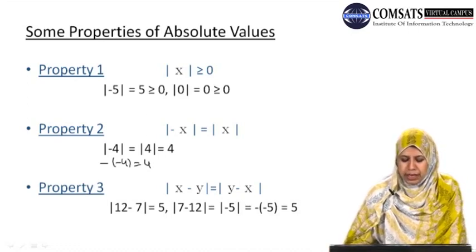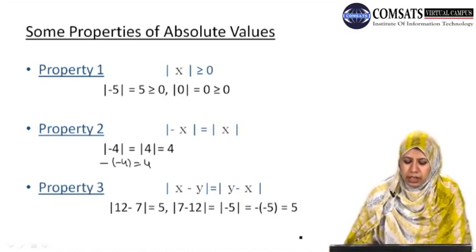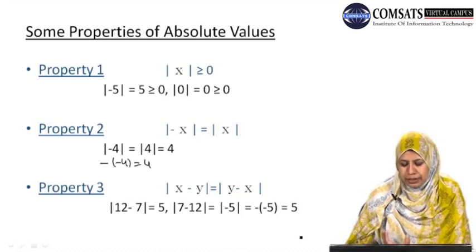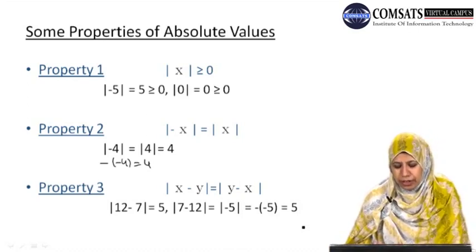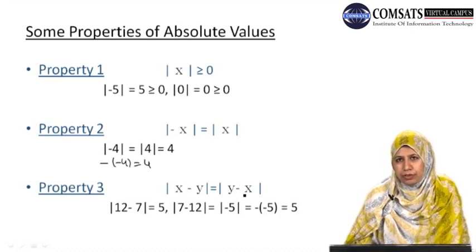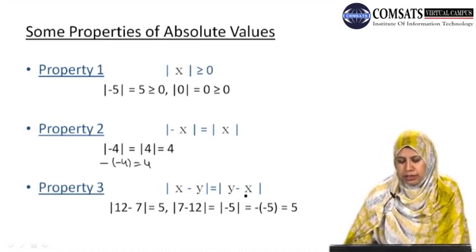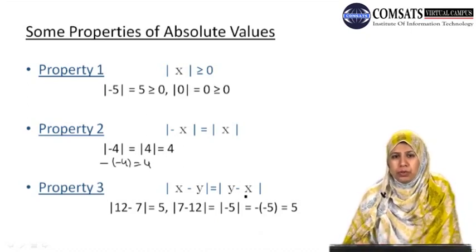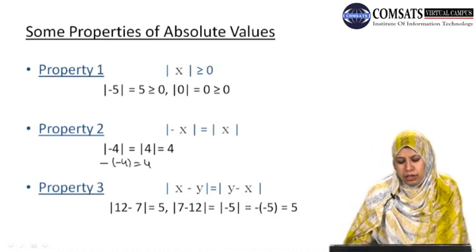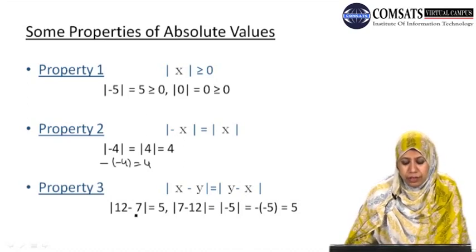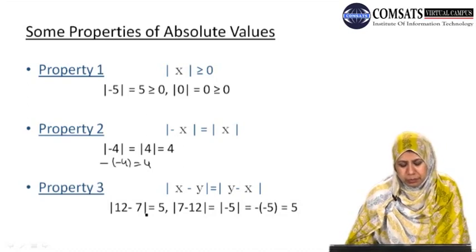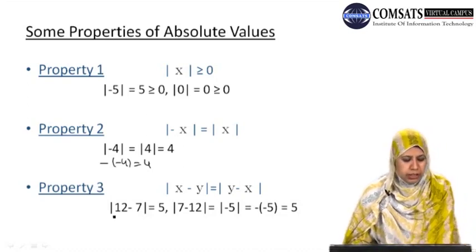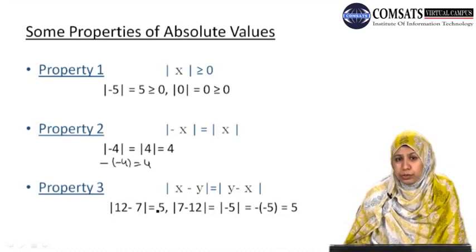Now the third property says that if we have two numbers x and y, then their distance, that is, the absolute value of x minus y, is the same as the absolute value of y minus x. That is, the distance between two points does not matter, whether from point A to B or from point B to A. For example, if we have two numbers 12 and 7, then the absolute value of 12 minus 7, that is, the distance between these two numbers, will be equal to 5 units.